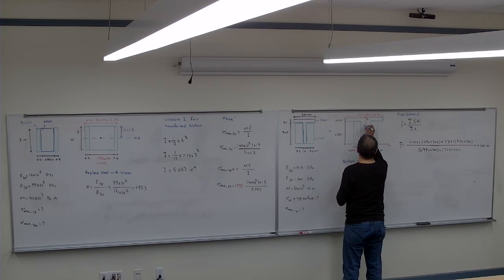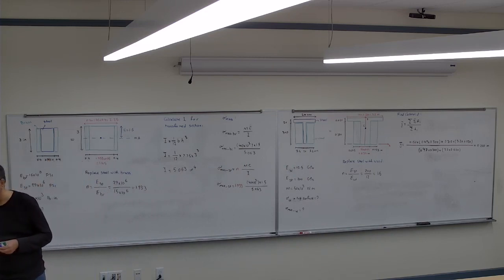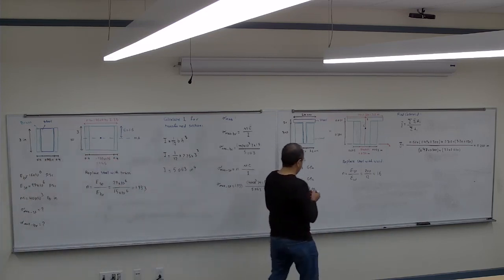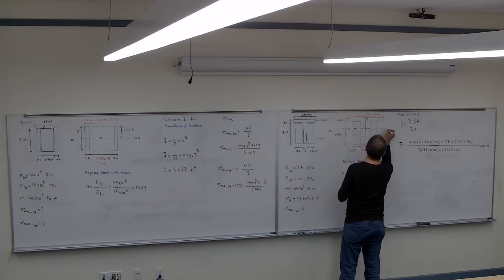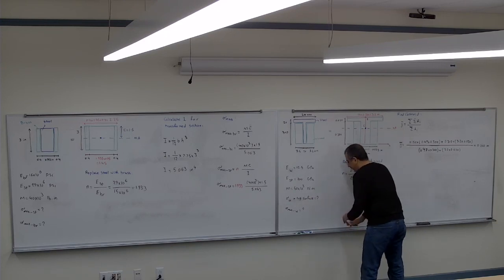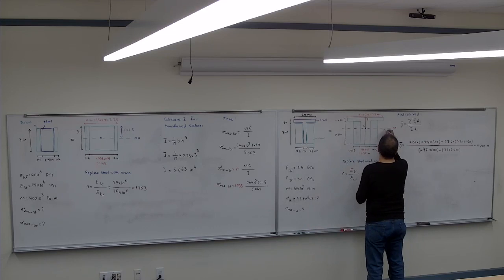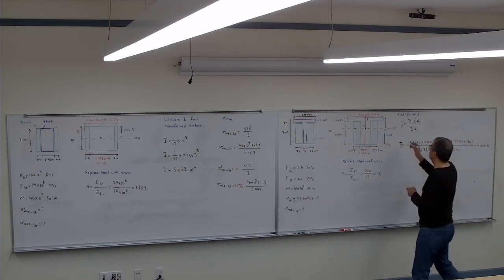That's the C. And so that's where my neutral axis is going to be. That's the neutral axis. And then the bottom part I know is going to be 200. What's the top part? 320 minus 200 is going to be 120.